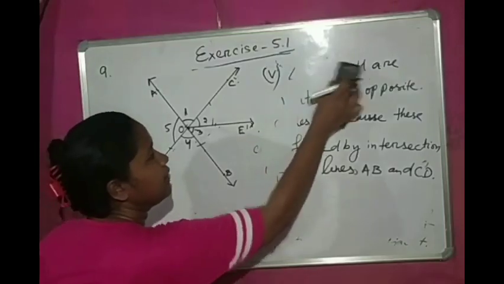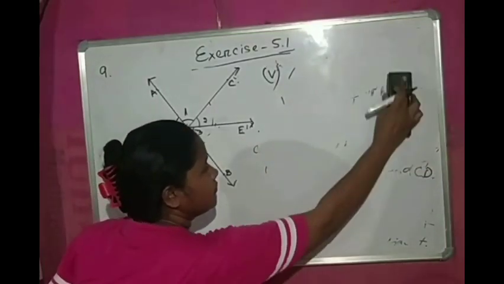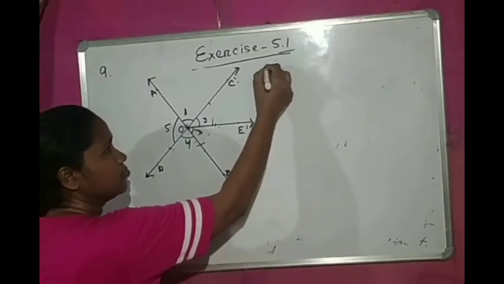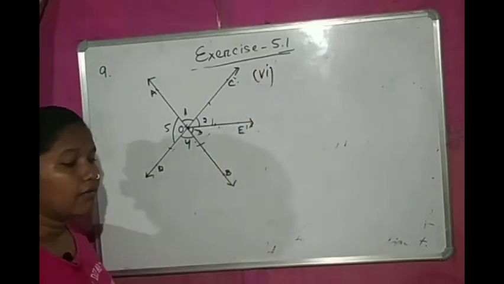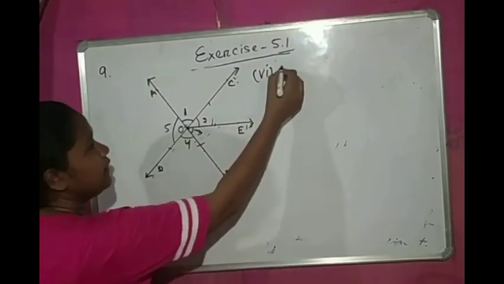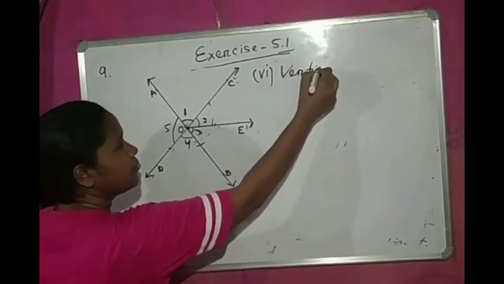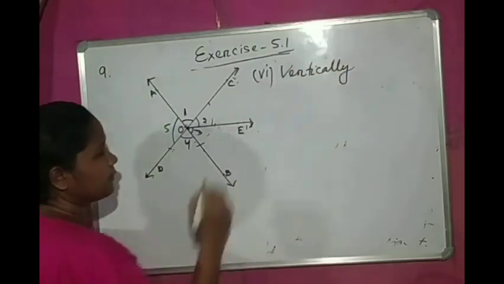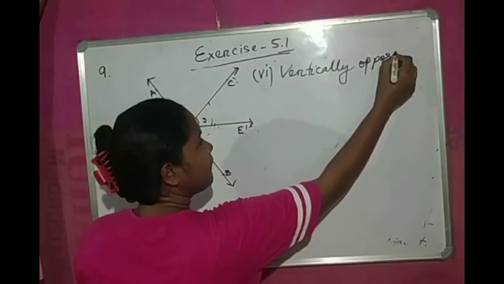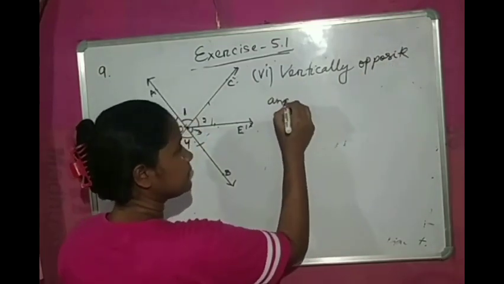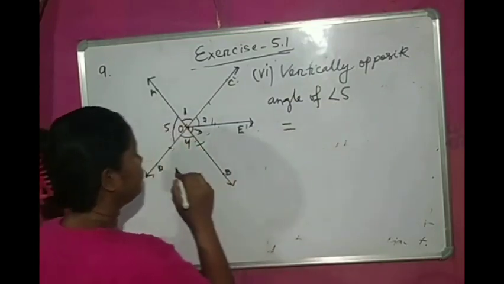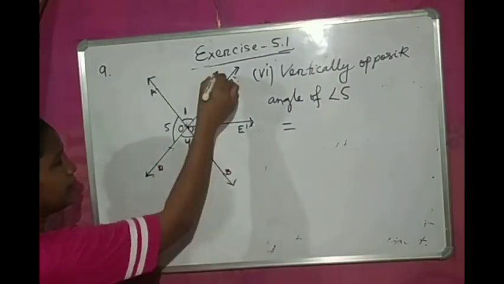Next is part 6: what is the vertically opposite angle of angle 5?